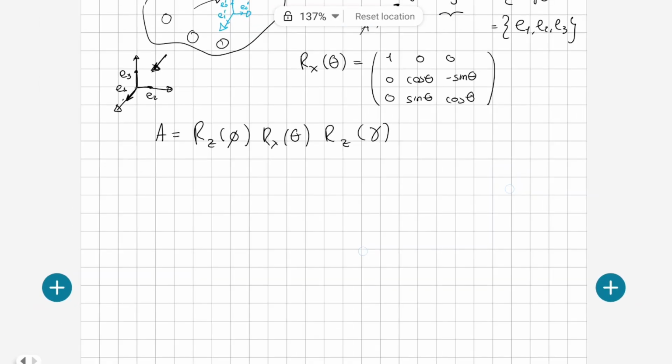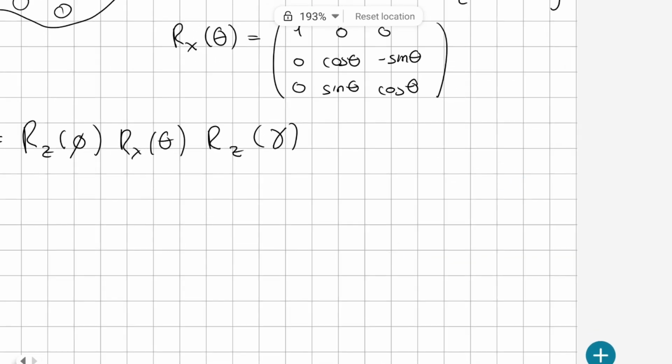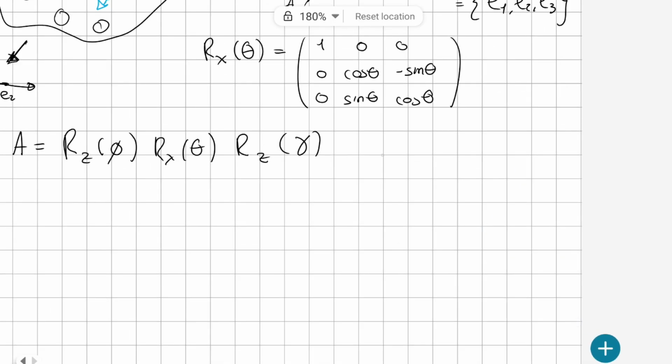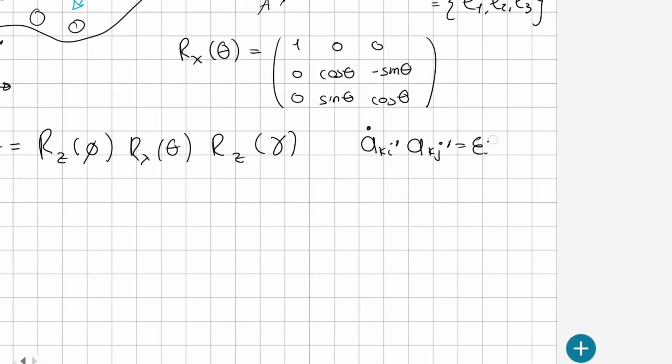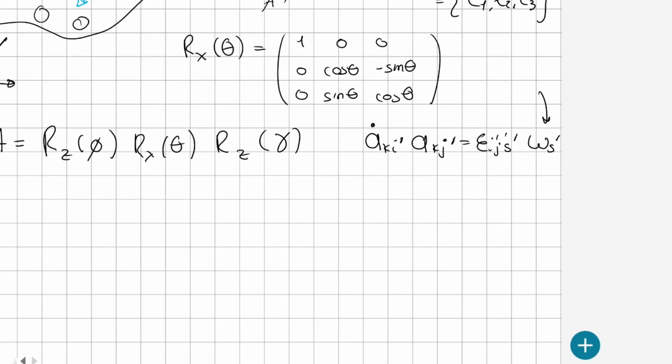Another equation that will be important in this lesson, that we have been using in recent lessons, is that a dot_ki prime a_kj prime is equal to the Levi-Civita symbol epsilon_ijs omega_s, where omega represents the components of the vector of angular velocity.